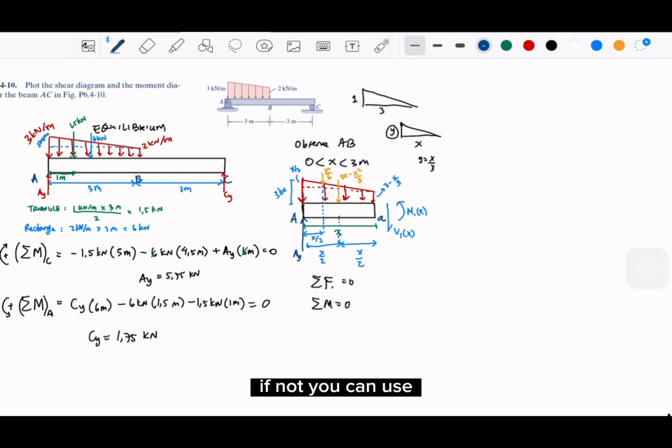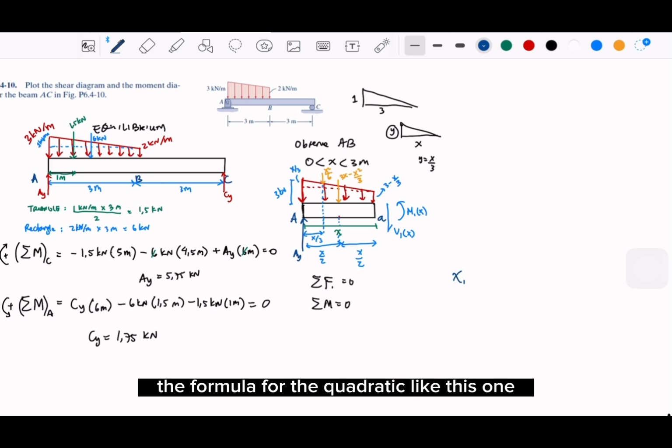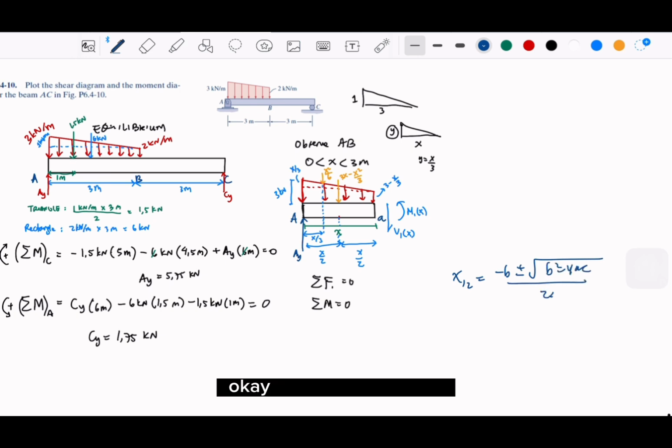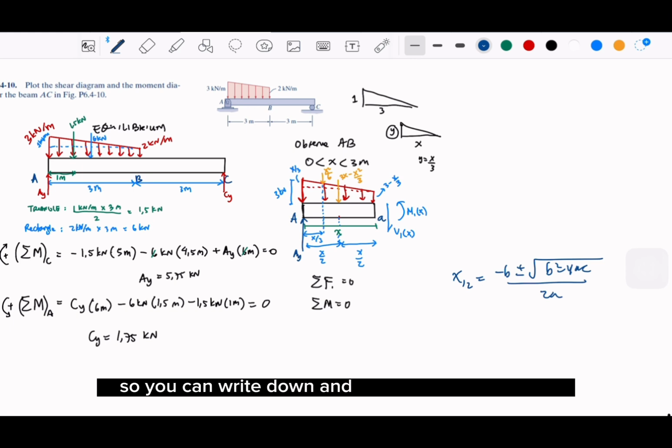If not, you can use the formula for the quadratic like this one. Okay, you can just plug in. If you have the quadratic here, I believe it has decimals. So you can try that and then use your calculators.